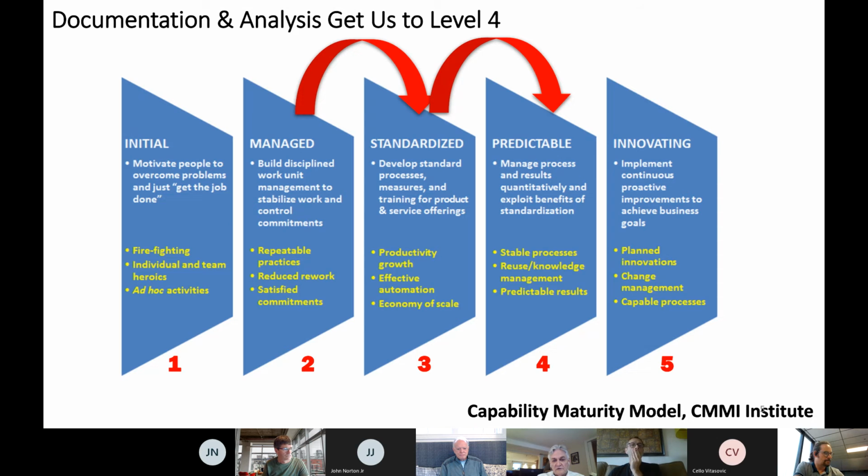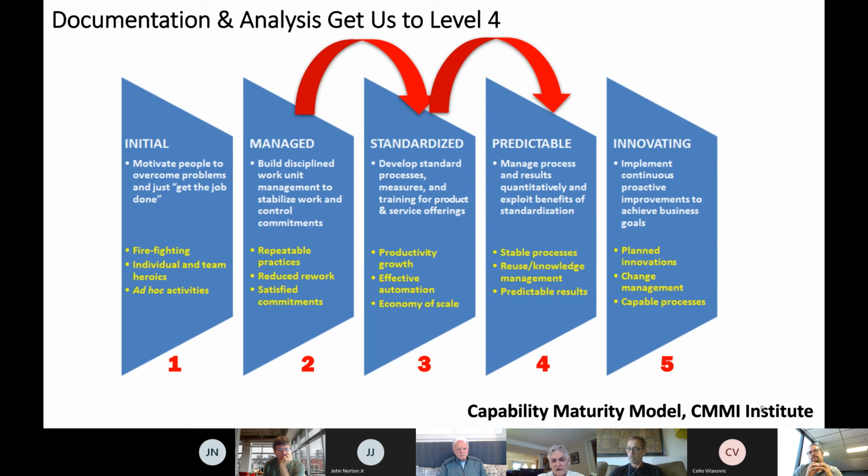What we want to achieve is to make a couple of important step increases in the capability maturity of the energy management systems that you folks are creating and managing. A couple of things we get out of BPMN that help us quite a lot is documentation, which will help us move up a step.